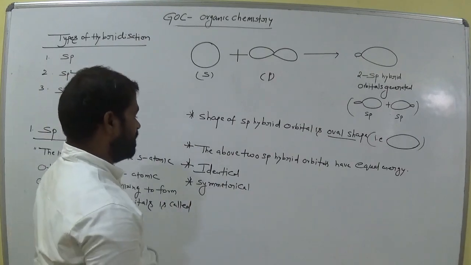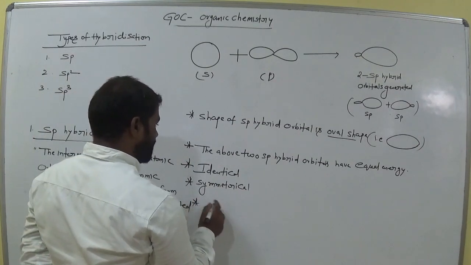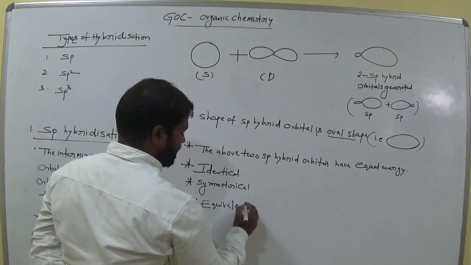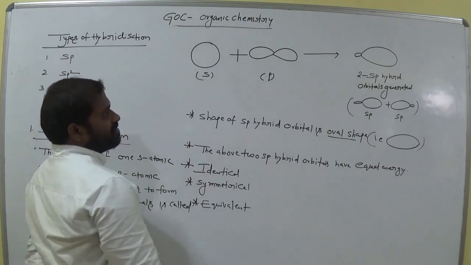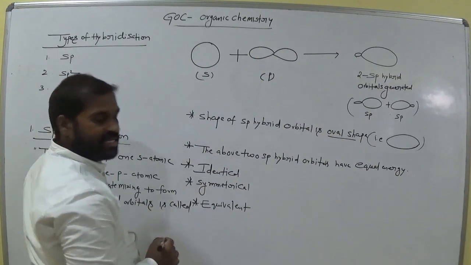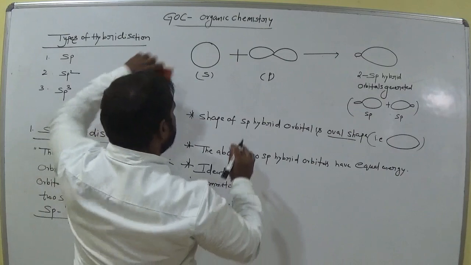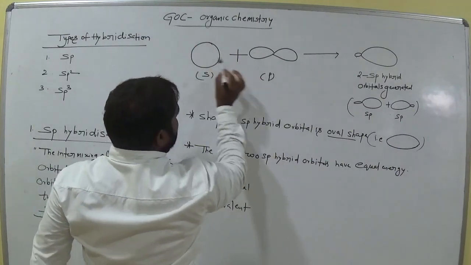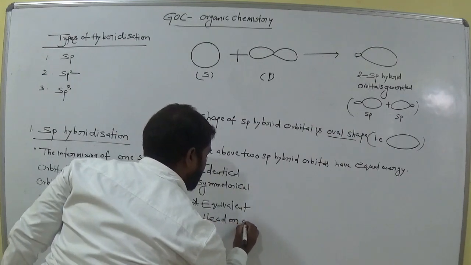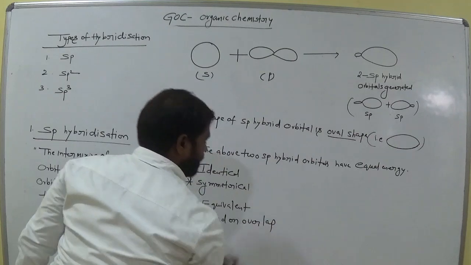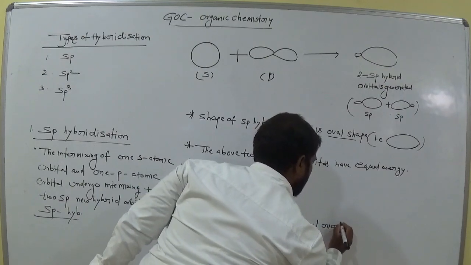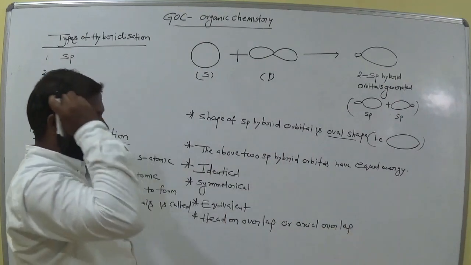Symmetrical in shape, and equivalent or equal energy, both the same here. This type of overlapping is like horizontal overlap, am I right? We call it head-on overlap, or axial overlap. Axial overlap takes place.